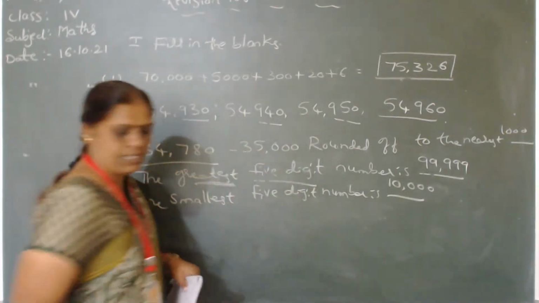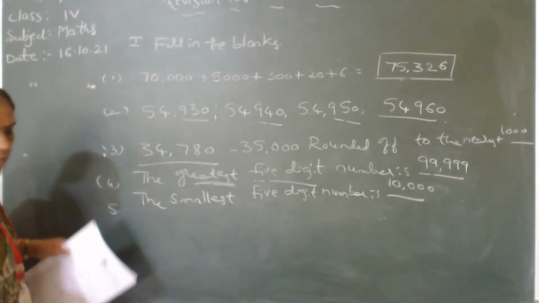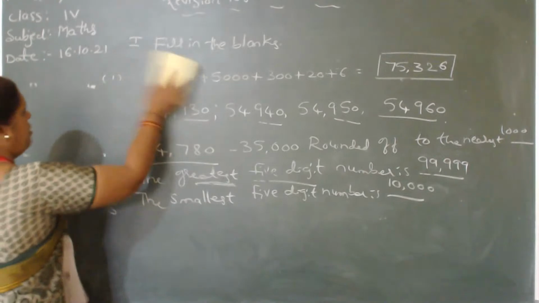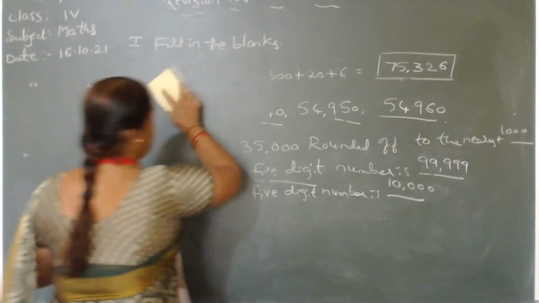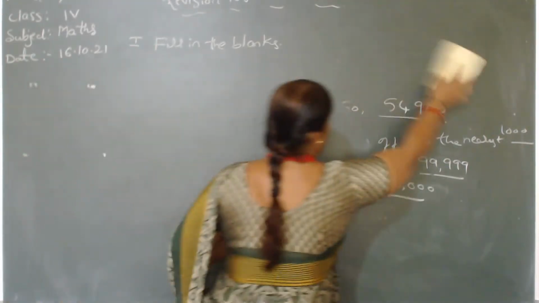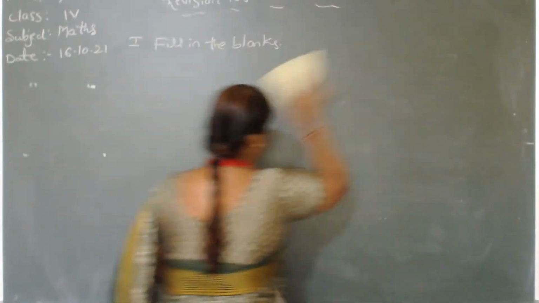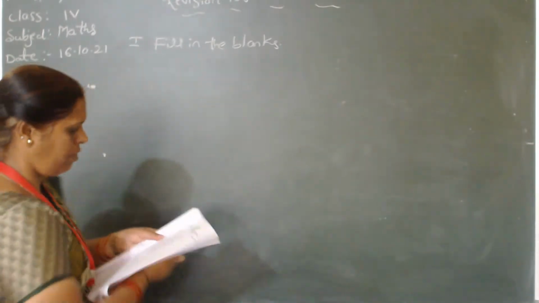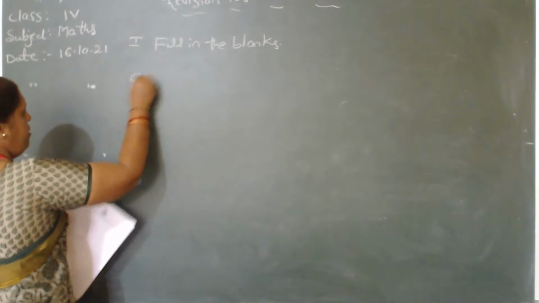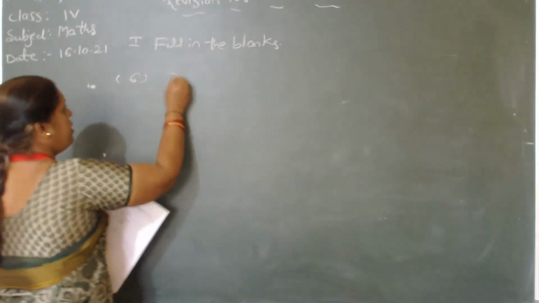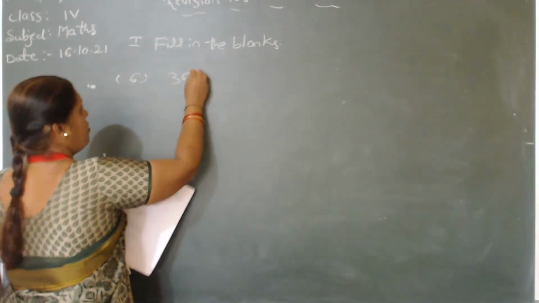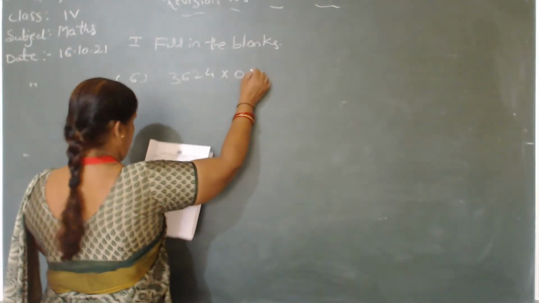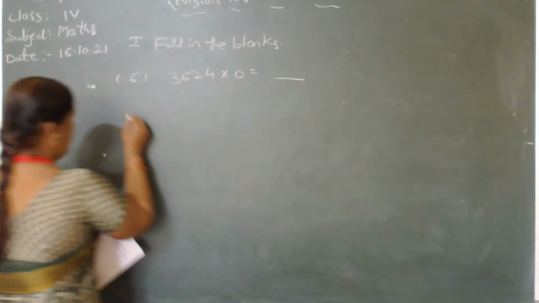So next is the sixth one. 36,24 into 0 is equal to dash.